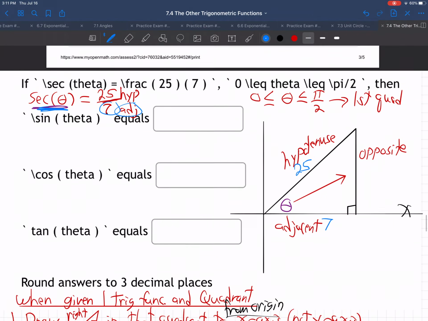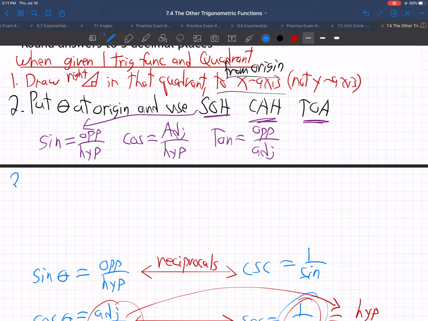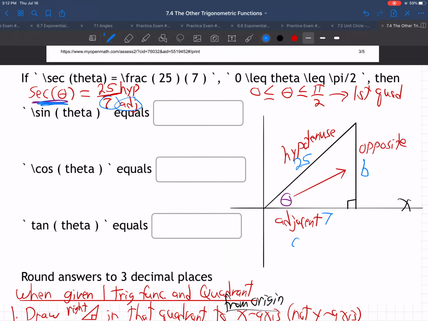So then we got to find this other side. Call it B, call it X, call it whatever you want. How do we find it? Step 3. Use the Pythagorean theorem, a squared plus b squared equals c squared, to find the missing side. So a squared plus b squared is c squared. Now which one's the c? The hypotenuse has to be the c, because that's the longest side. So when you write the Pythagorean, the c is always the hypotenuse.